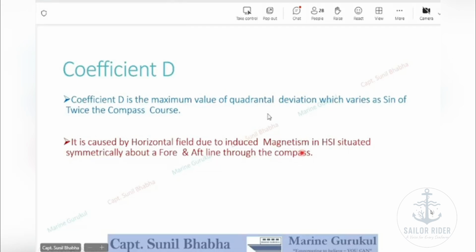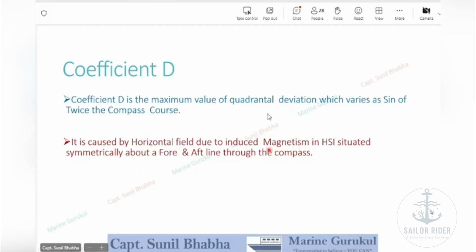We have seen induced magnetism was responsible for coefficient A also, but in that case, it was not symmetrical soft iron. It was unsymmetrical soft iron. If it was present forward of the compass, it was not present aft. If it was present on the port side of the compass, it was absent on the starboard side. Whereas in this coefficient, you see it is situated symmetrically about a 45 degree line through the compass.